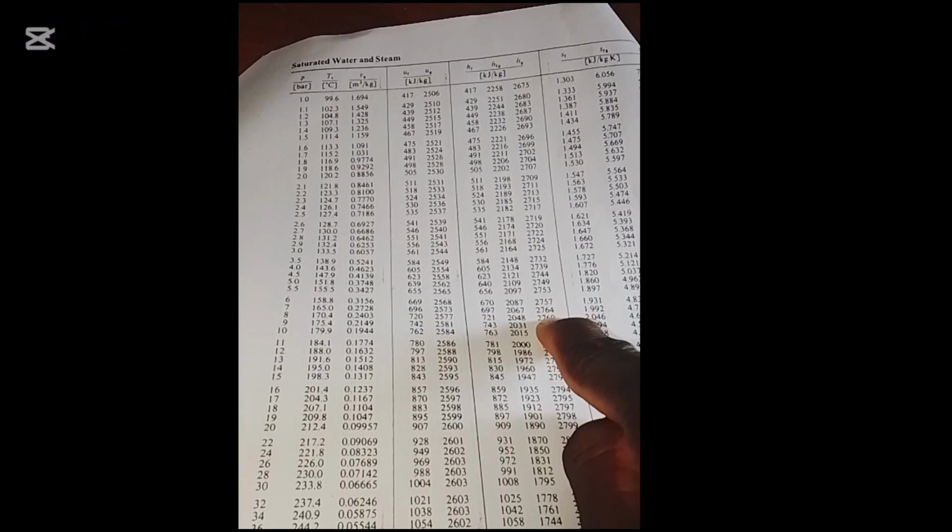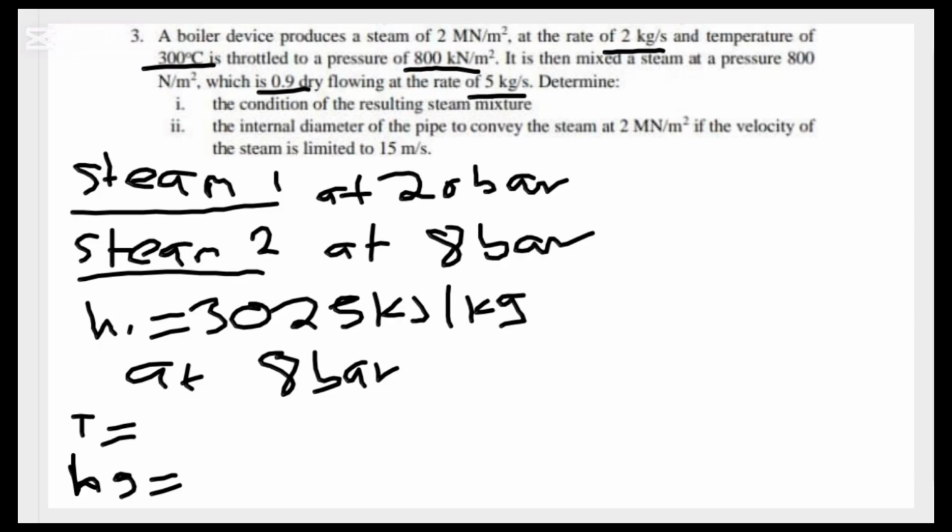Because from the question, we are going to find, from the steam table at 8 bar, the Hg, and also the value of our temperature.